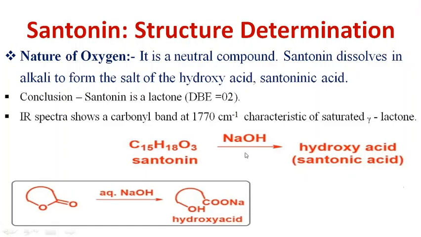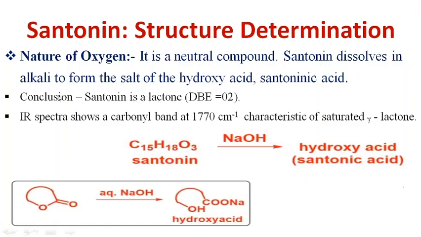This hydroxy acid can probably be formed from a lactone type of ring, because a lactone ring on hydrolysis with sodium hydroxide forms a hydroxy acid, like you can see here. So most probably the structure of Santonin contains a lactone ring. So 2 oxygen atoms are accounted for. As you can see, the conclusion is that Santonin is a lactone.